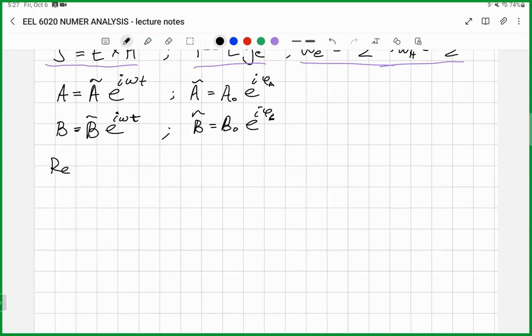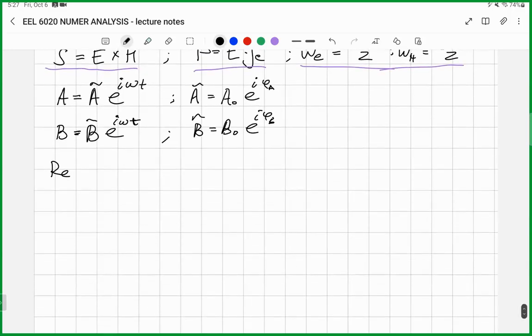And now let us derive a formula for defining the time average of a product of two quantities, A and B. So I write real part of A times real part of B. So what is it?